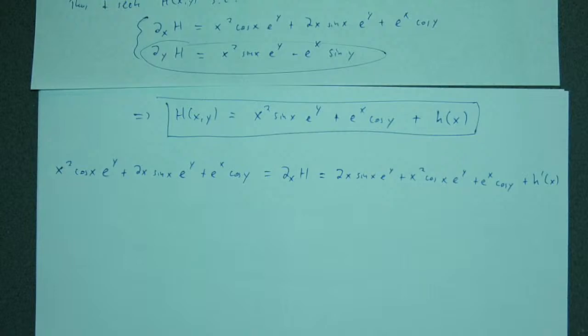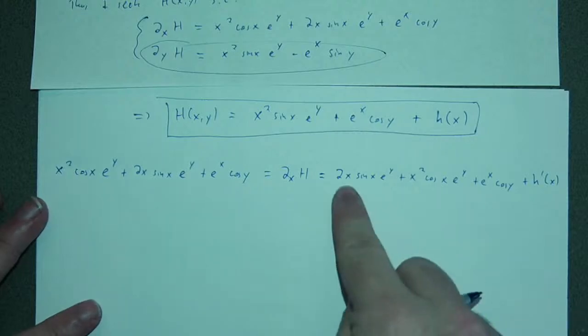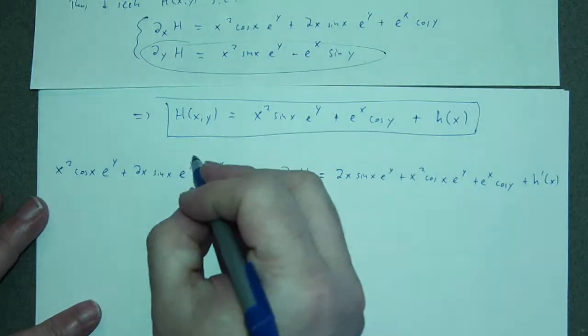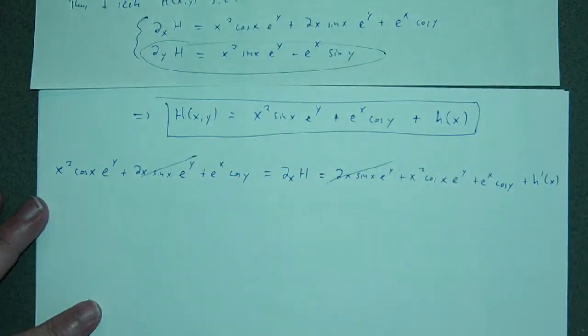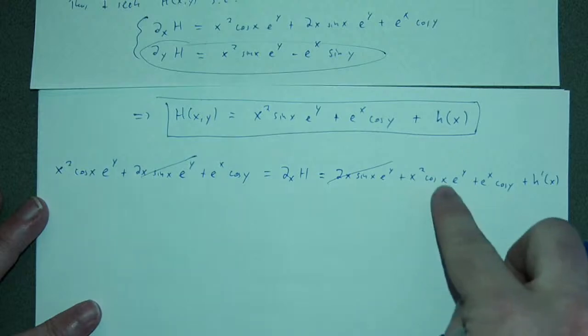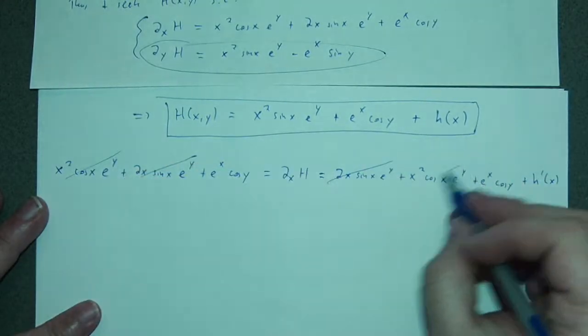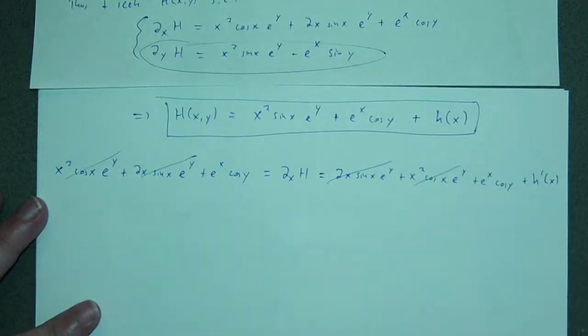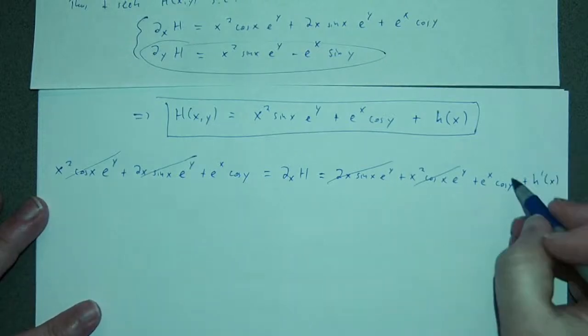Okay. Now, let's see what happens here. 2x sine x e to the y cancels with the same term on the left-hand side. X squared cosine x e to the y also cancels with the same term on the left-hand side. E to the x cosine y also cancels.